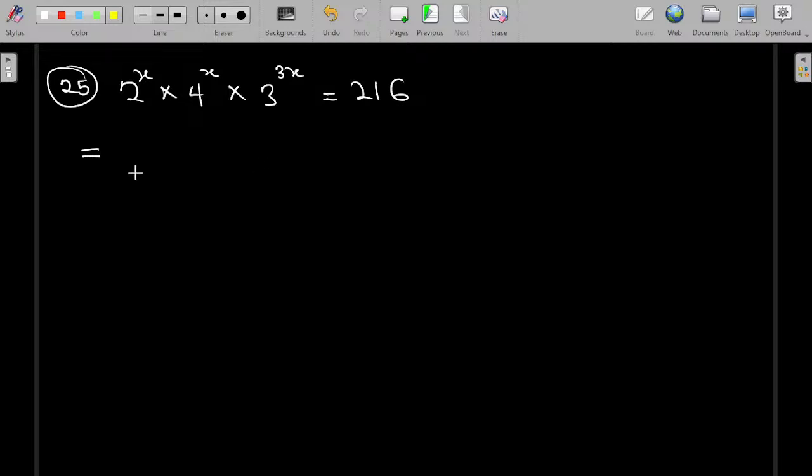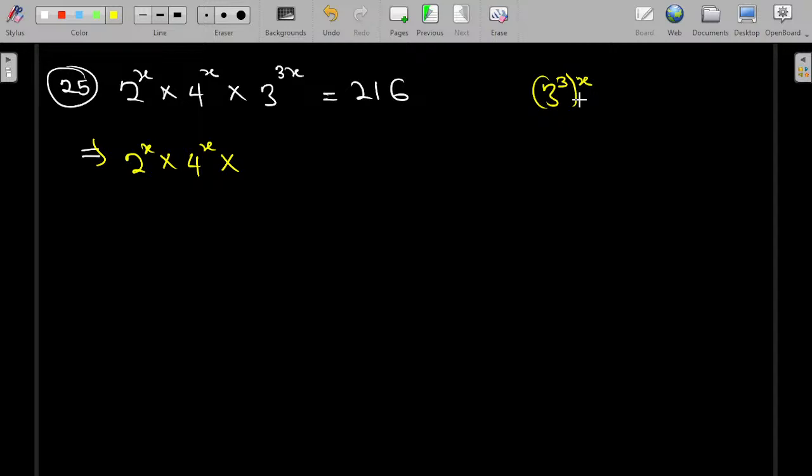Okay, let's take the first method. The first method is that I can write all these things to have power x. How? This is going to give me 2 to the power of x multiplied by 4 to the power of x. Now, my 3 is raised to the power of 3x. I can actually bring in that 3 here, in the form of 3 to the power 3, and raise everything to the power x.